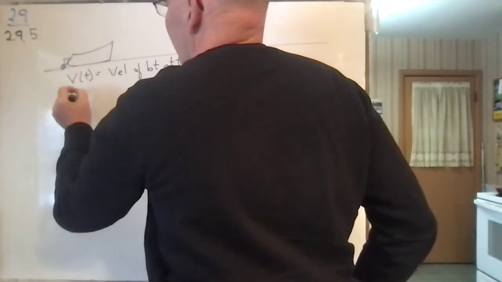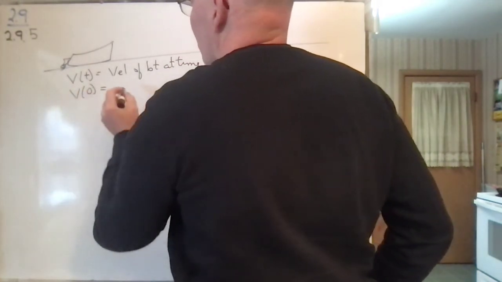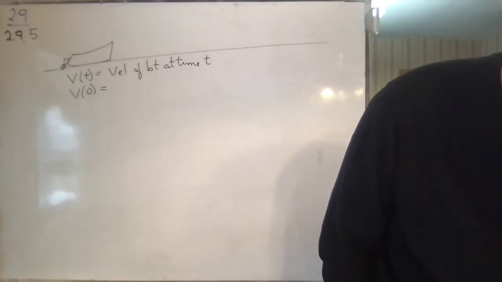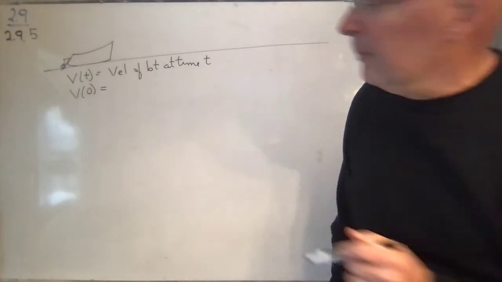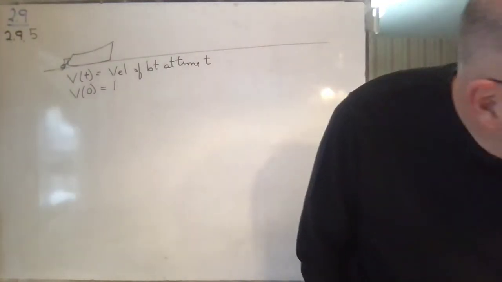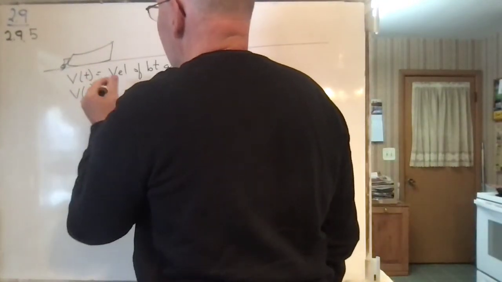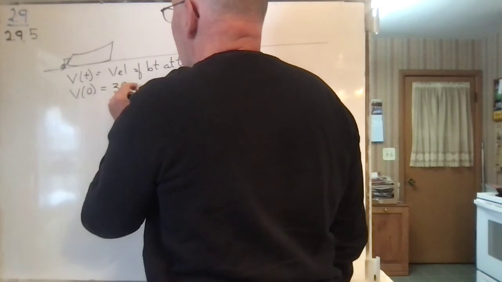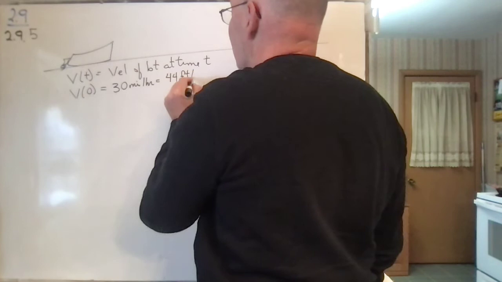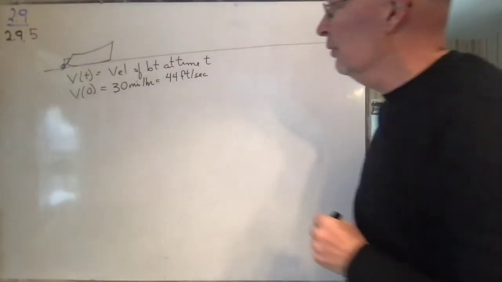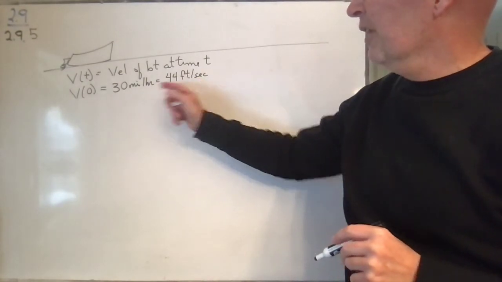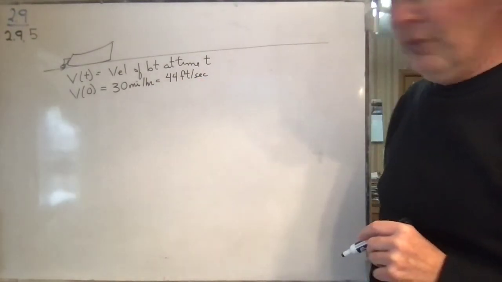We know that v of 0 when you shut off the motor is 30 miles an hour. That's pretty fast for a boat. 30 miles an hour is 44 feet per second. You do the calculation if you want. 60 miles an hour is 88 feet per second. I happen to know that, so that would be 44.